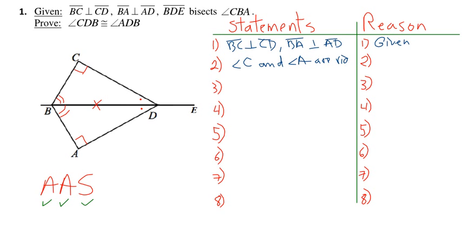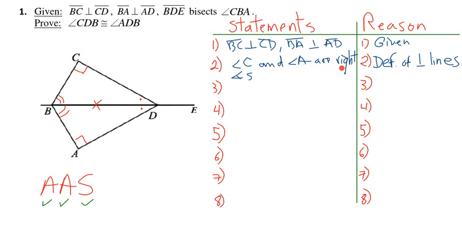And I get this from the definition of perpendicular lines, because that is what the definition says. Perpendicular lines are lines that intersect to form right angles. And now there is a theorem that says that all right angles are congruent, and here I have mentioned two right angles.